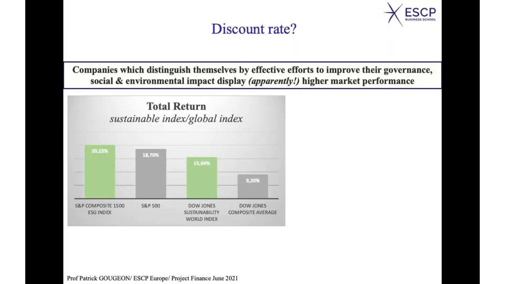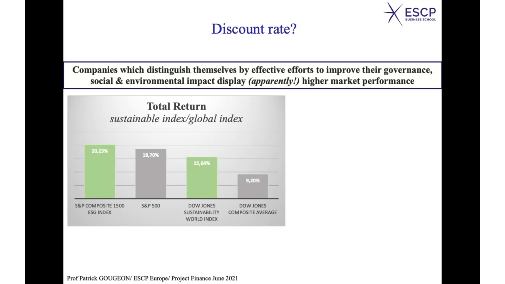The green columns here represent the performance of the following two indexes, considering and valuing sustainability. You see that in both cases, whether you take the Dow Jones Index or the S&P Index, sustainable companies are doing better than the others. The S&P 500 has a total return of 18.70%, whereas it is 2023 for the S&P Composite ESG index.